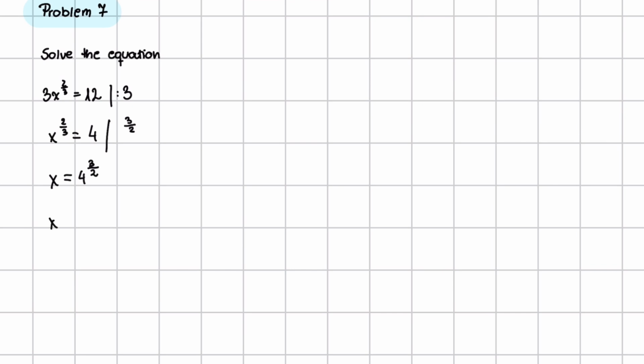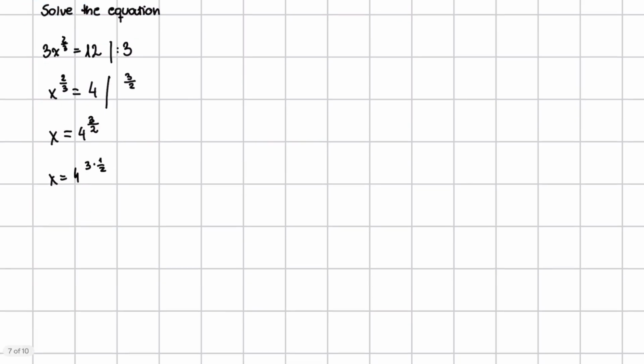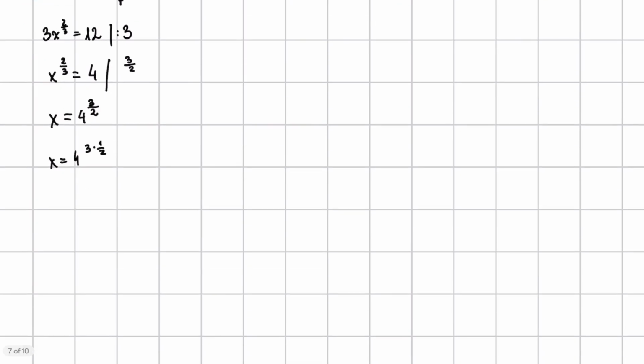Now we can rewrite this power as 3 times 1 over 2. It is the same. And we know that 1 over 2 as a power is just a square root. So we can rewrite it like this, square root of 4, to the power of 3. So x equals 2 to the power of 3, and finally our answer is 8.